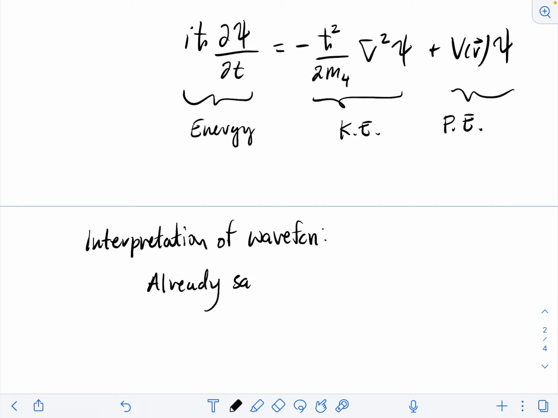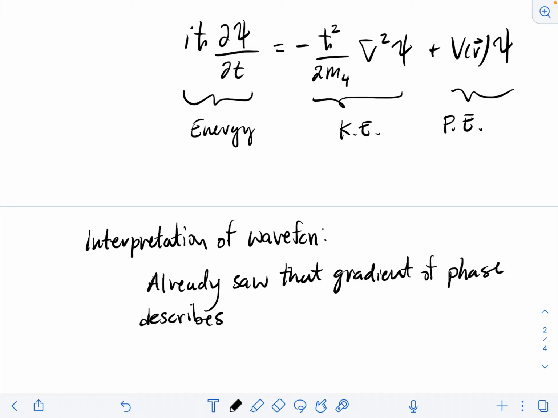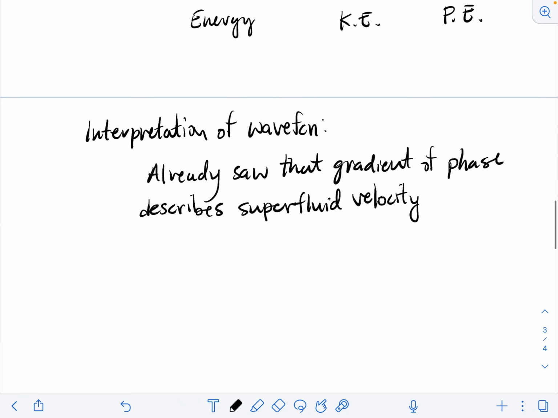So we already saw that the gradient of the phase describes the superfluid velocity. And so just to recap, that superfluid velocity was h bar over m times the gradient of the phase.